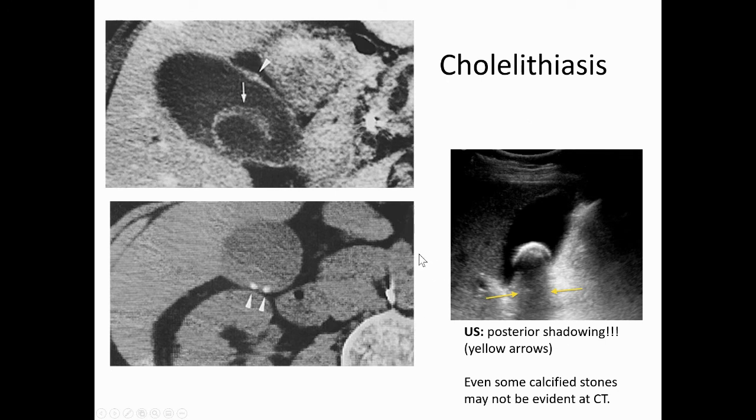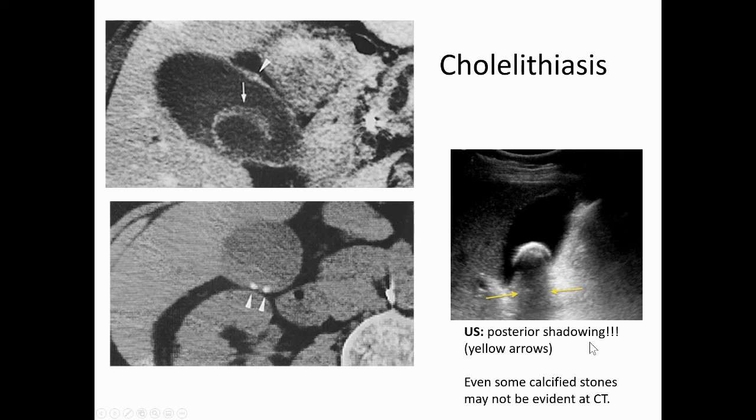Cholelithiasis is very common. We encounter it at ultrasound quite frequently, and it comes in different shapes and sizes. So they can be very small, or they can be as big as 3 or 4 centimeters.